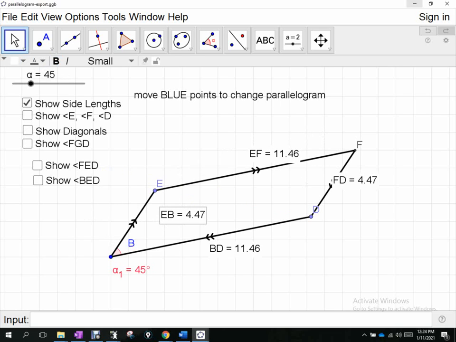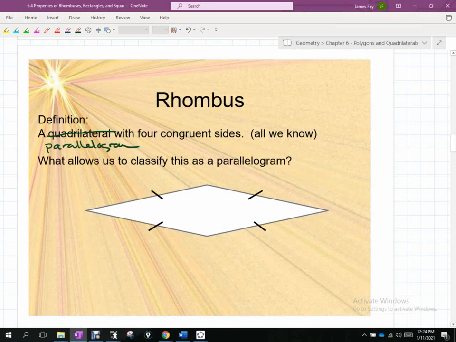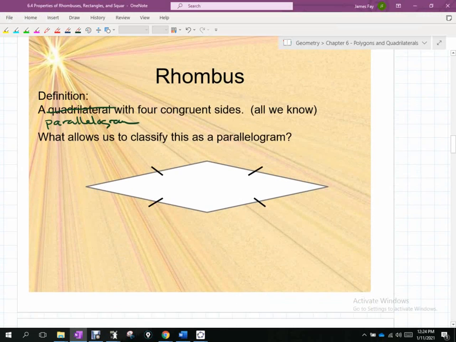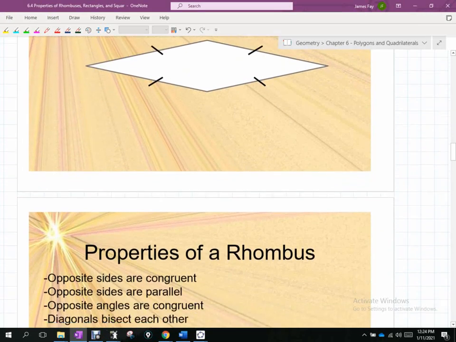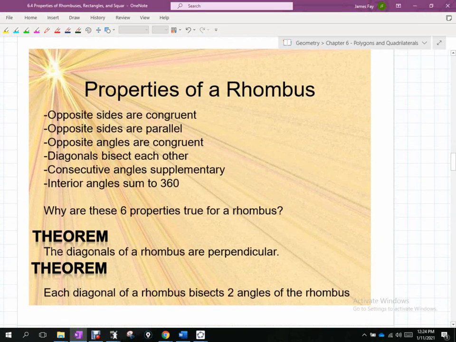Okay? So having 4 congruent sides is unique to rhombuses, or rhombi. Okay? And these are 6 properties that we know to be true of a rhombus, and I would not write those. Why would I not write those? Because they're the ones for a parallelogram. Because a rhombus is a parallelogram.